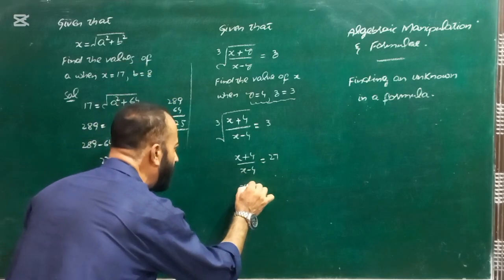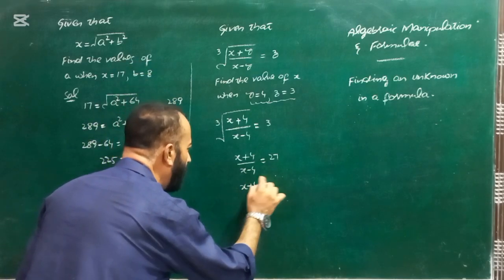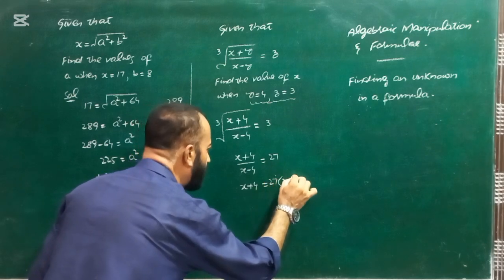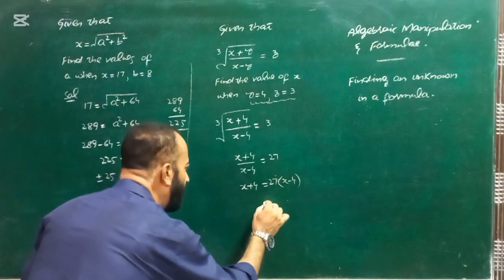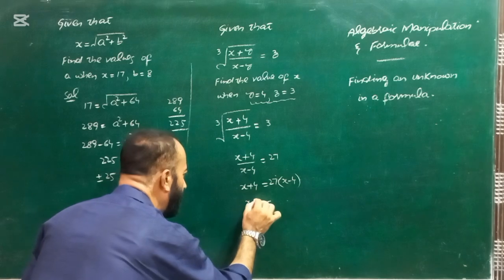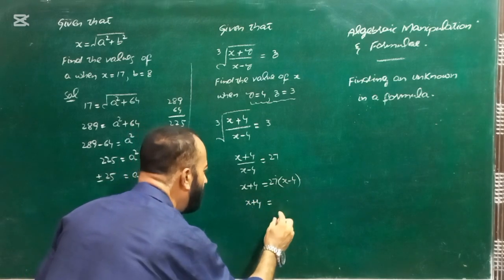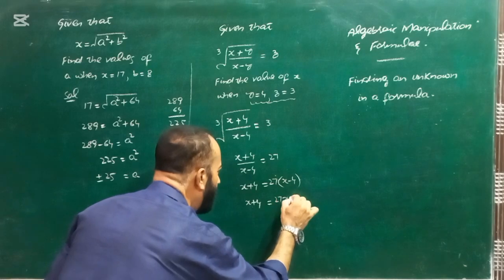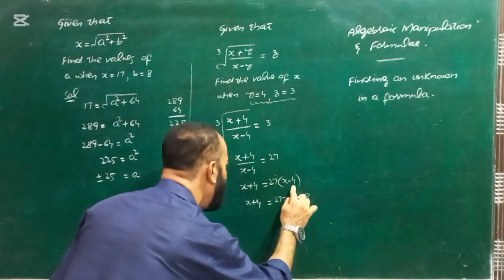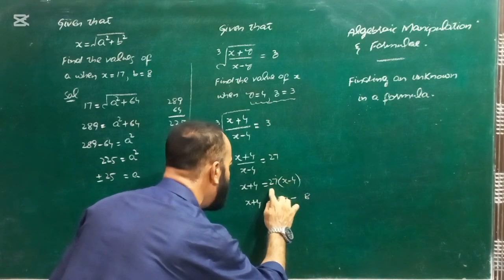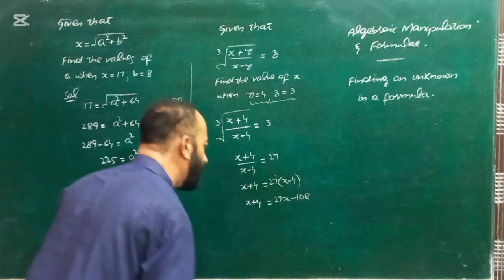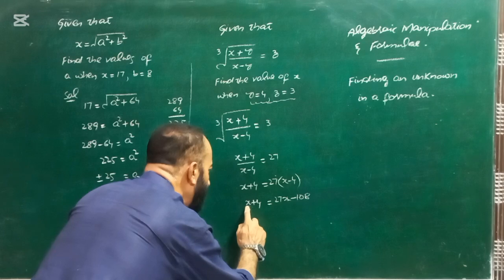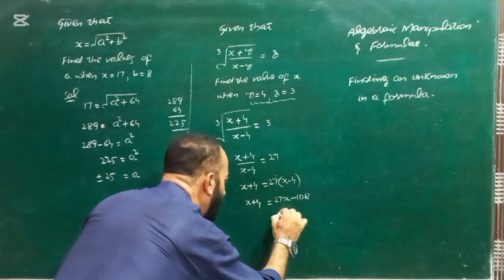So on the left hand side, x plus 4 is still there. And this x minus 4 will go to the right hand side. So at this step, the left hand side is still there. And this 27 will multiply inside the bracket. So 27x minus 108. At this step, you can see now x will go to the right hand side.